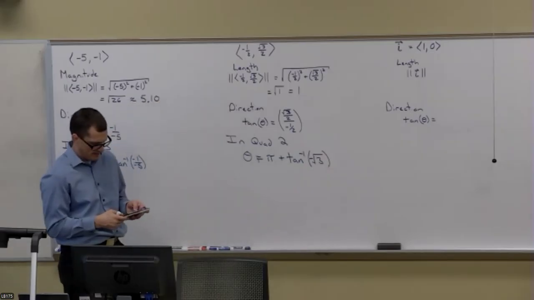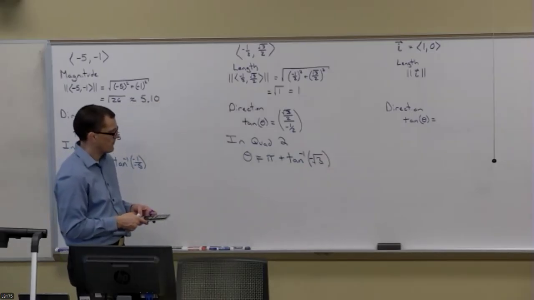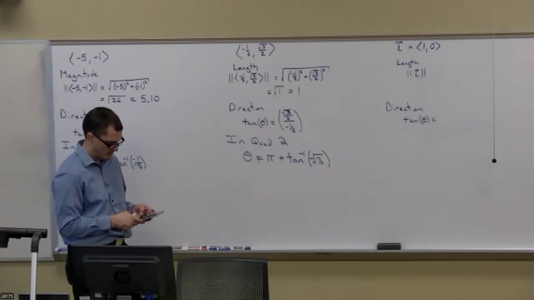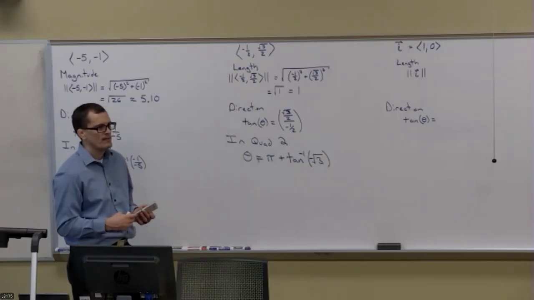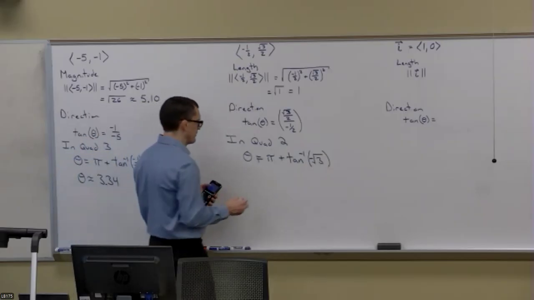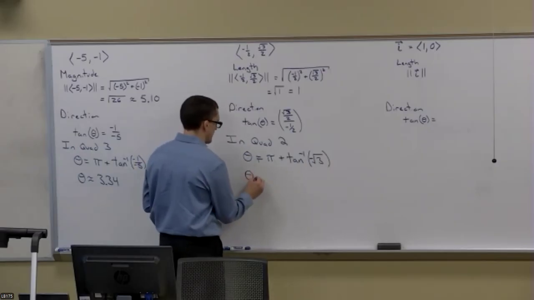So I do inverse tangent of a negative square root of 3 and then add pi to that. That's an angle of about 2.09 radians.